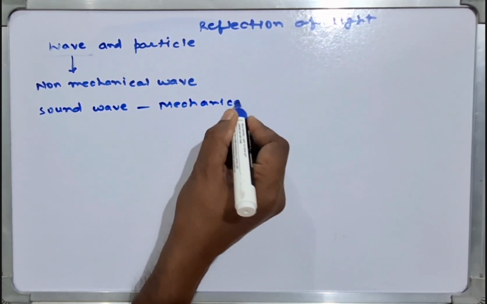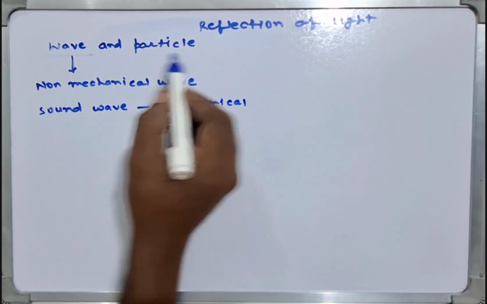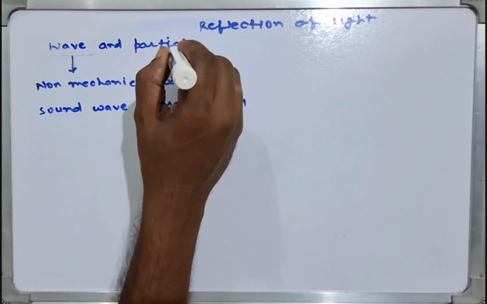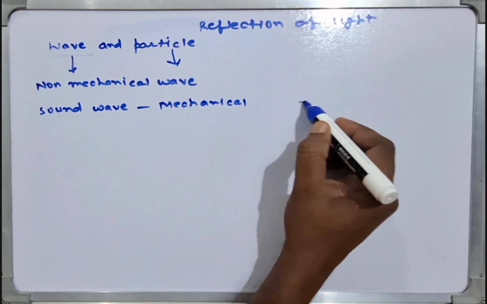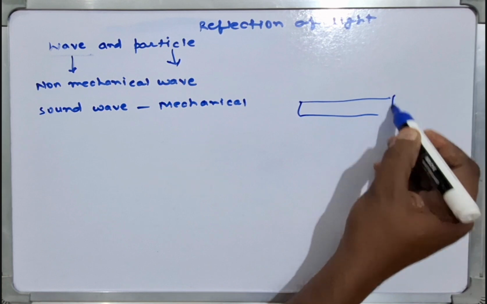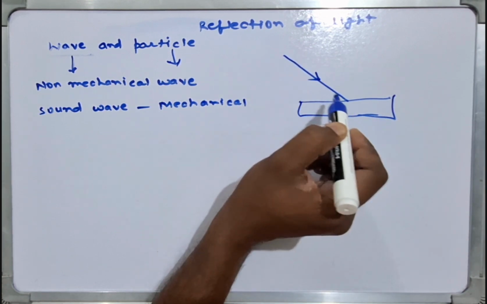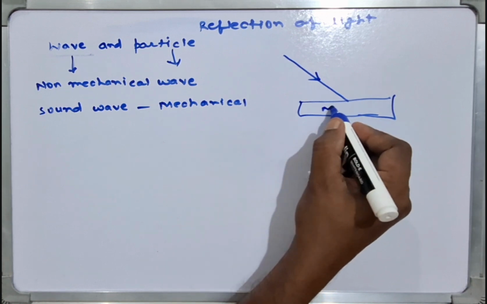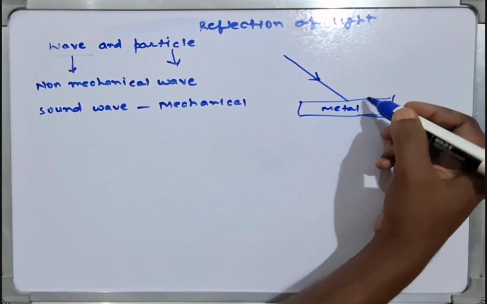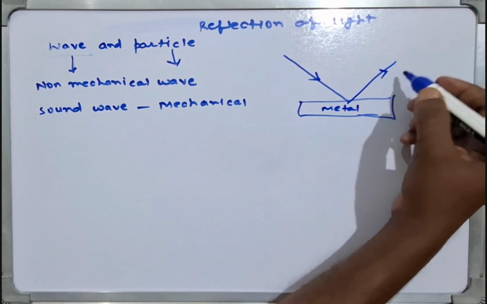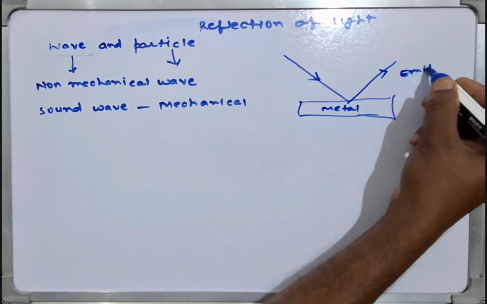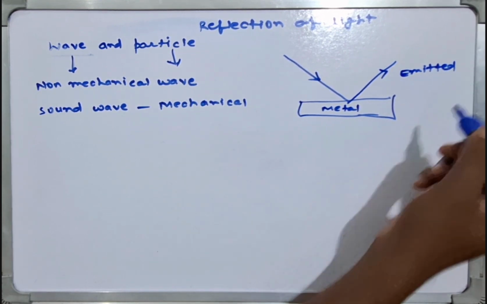Now the second property of light is that it behaves as a particle. Suppose this one is a metal, and a ray of light strikes this metal. Then some electrons are emitted from it.